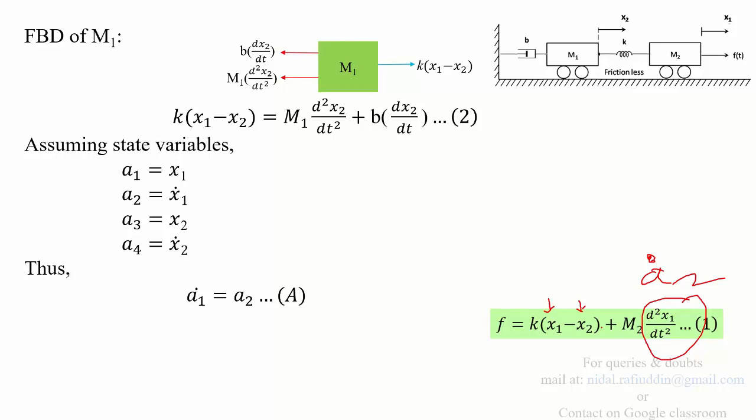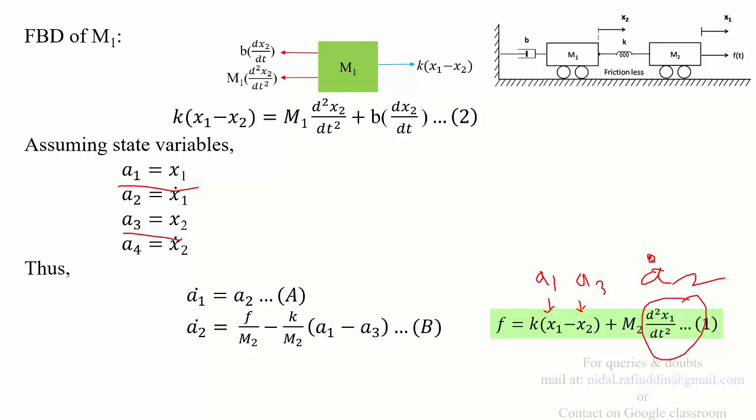You assumed x1 as A1, so you'll write A1 in place of x1 and A3 in place of x2. Thus x2 dot can be written in terms of A1 and A3 in this manner. So A2 dot is input divided by m2, minus k upon m2, which is a constant, into A1 minus A3. So this becomes equation B.